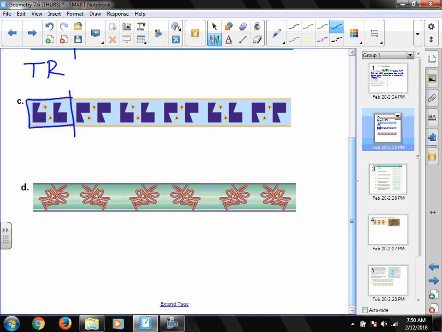The key to these problems, you want to make sure you can figure out what that base unit is and what's going on with it. As mentioned, in order for me to move over to the next piece, I'm going to have a translation. Everyone's got to have a translation.